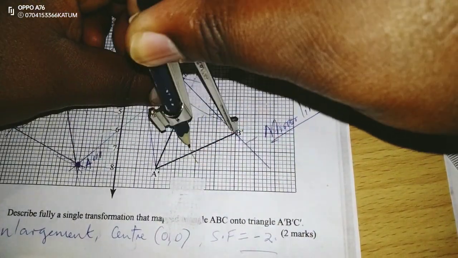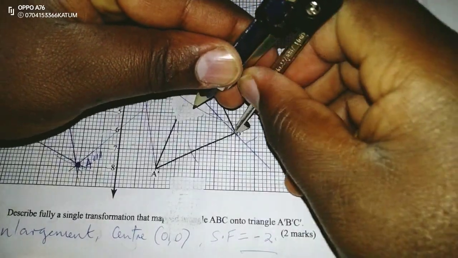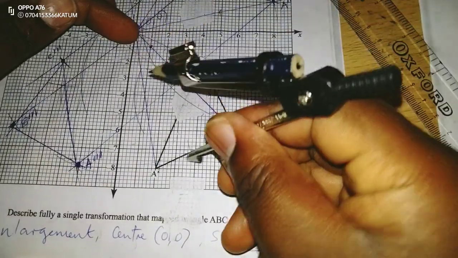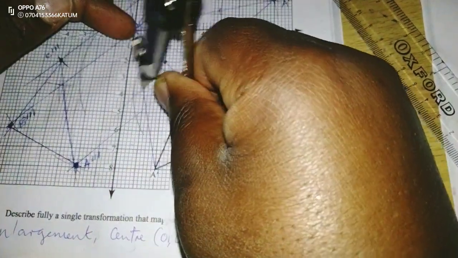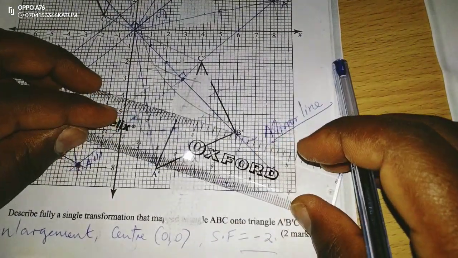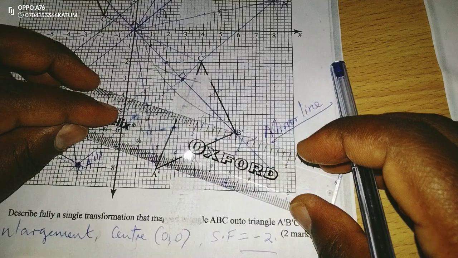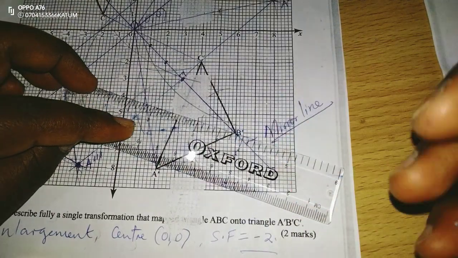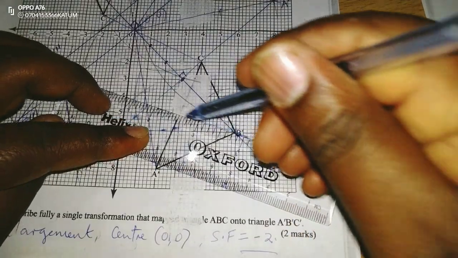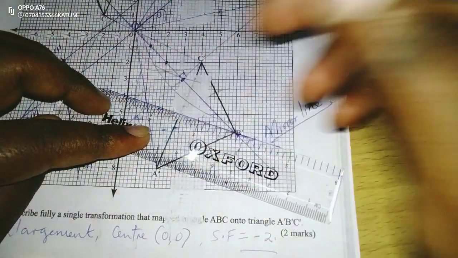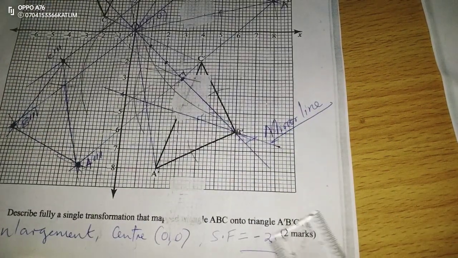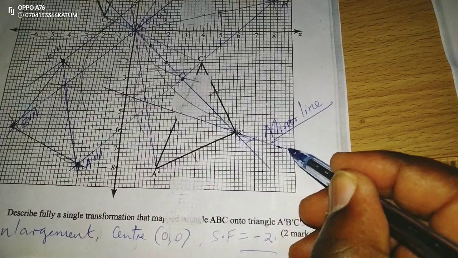We make an arc, we make another arc, then we enlarge the radius, and standing here we make an arc, then standing on the first arc we make another arc to cut the first one. Now producing a line, we will have bisected the triangle into two. This one is the line of symmetry now.